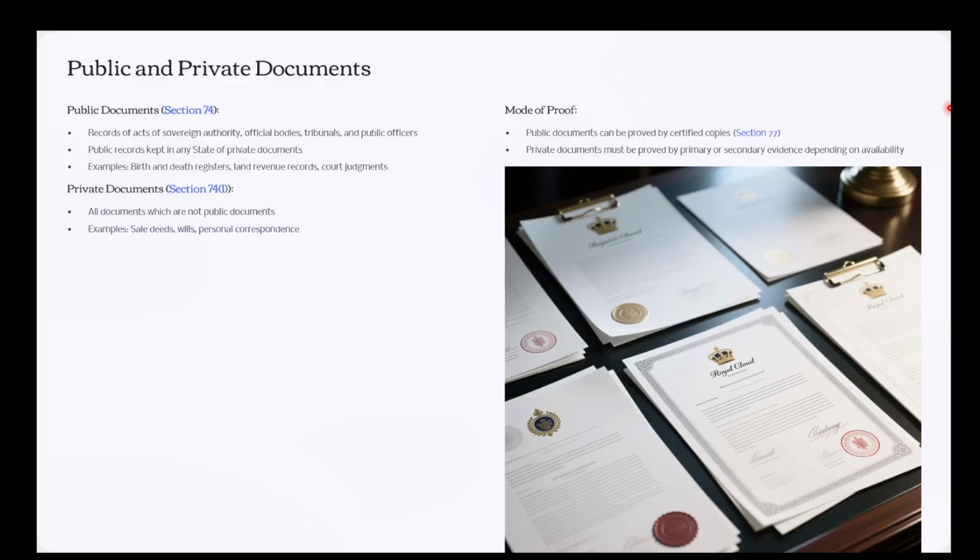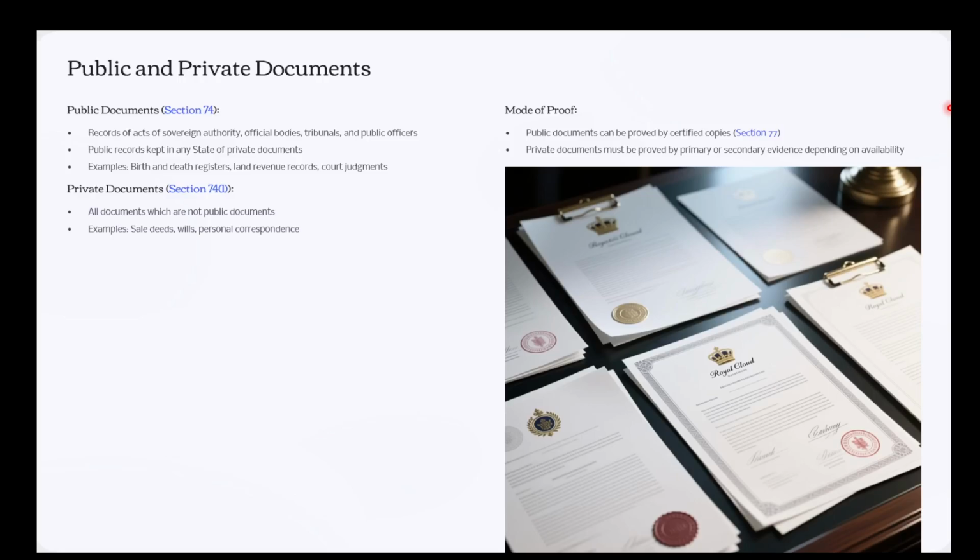So the private documents are mentioned in Section 74 subsection 1. All the documents which are not public documents are called private documents. Examples: sale deeds, wills, personal correspondence. This comes under private documents. Then the mode of proof.